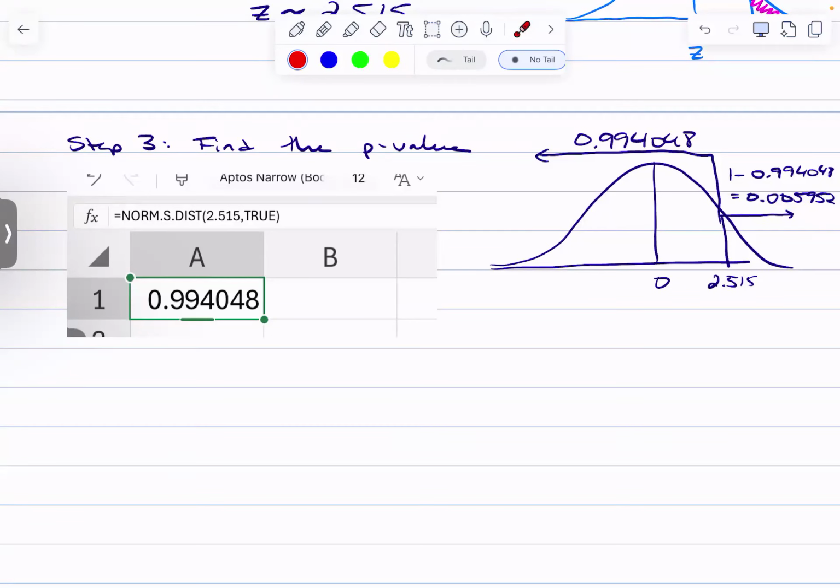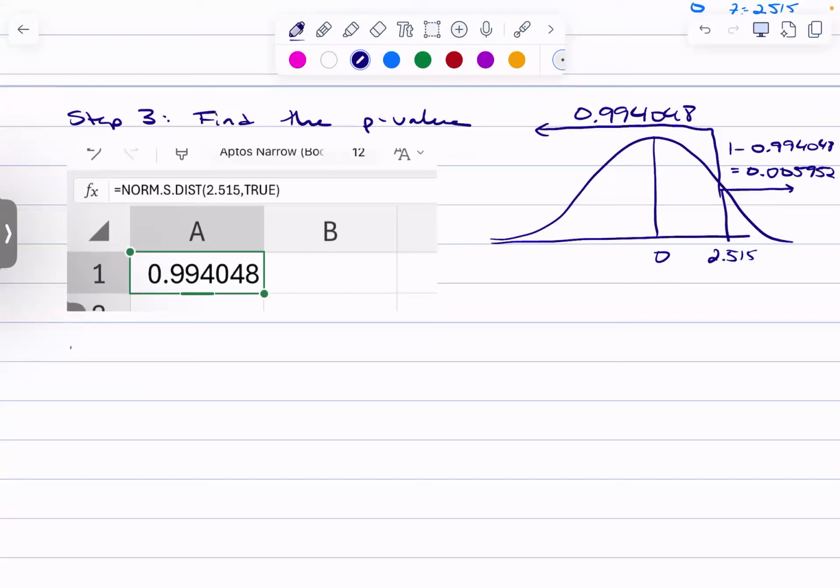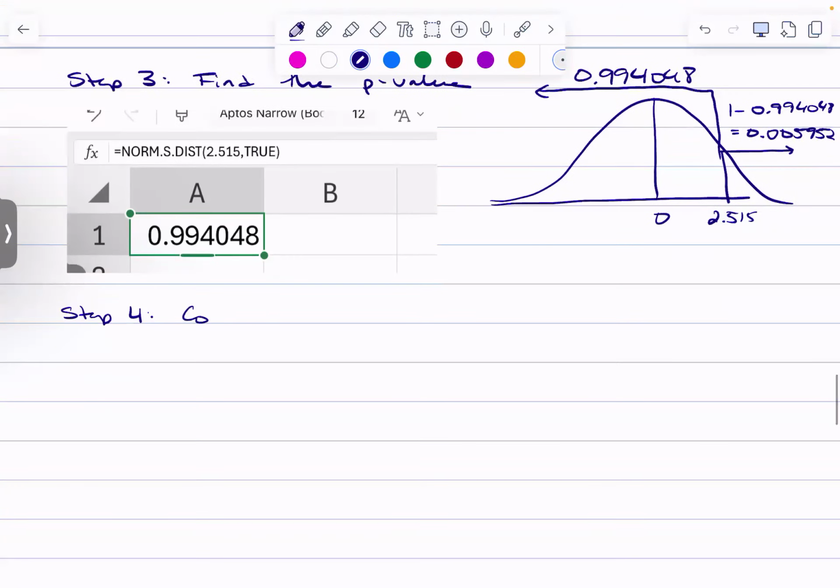And so now what do we do? Step 4 is our conclusion. Now our conclusion will always have 3 parts. And so that's why I say, okay, hypothesis testing, you can break it down into, I don't know, 7 parts or something reasonable, but I like 4 kind of distinct chunks.